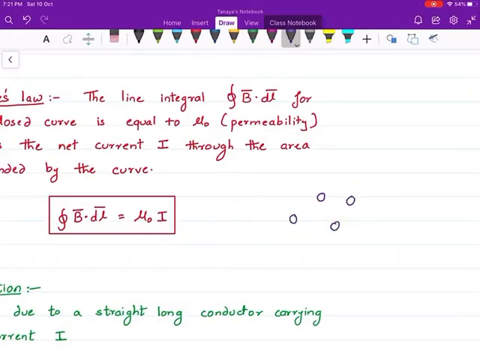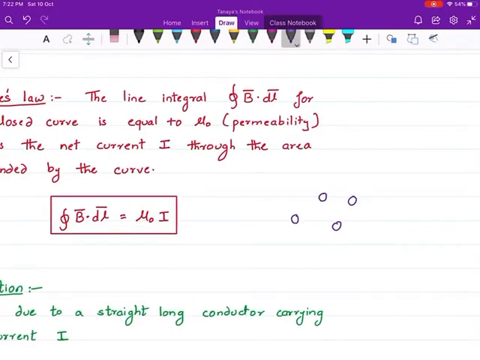Now the current is flowing in different directions. These are not circular wires, they are straight wires which are going inside your screen. So they are carrying current in different directions. Let me call this wire 1, this 2, this 3, and this 4.